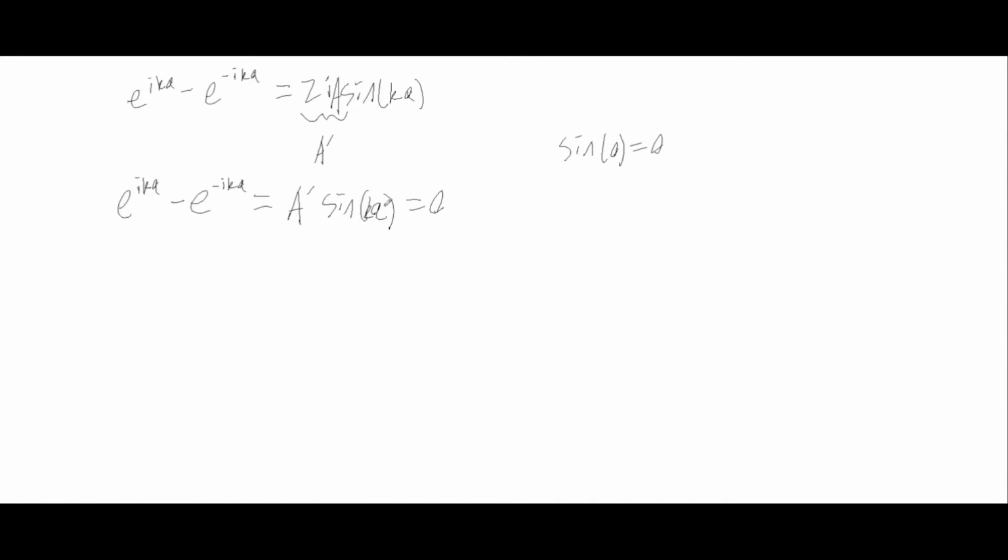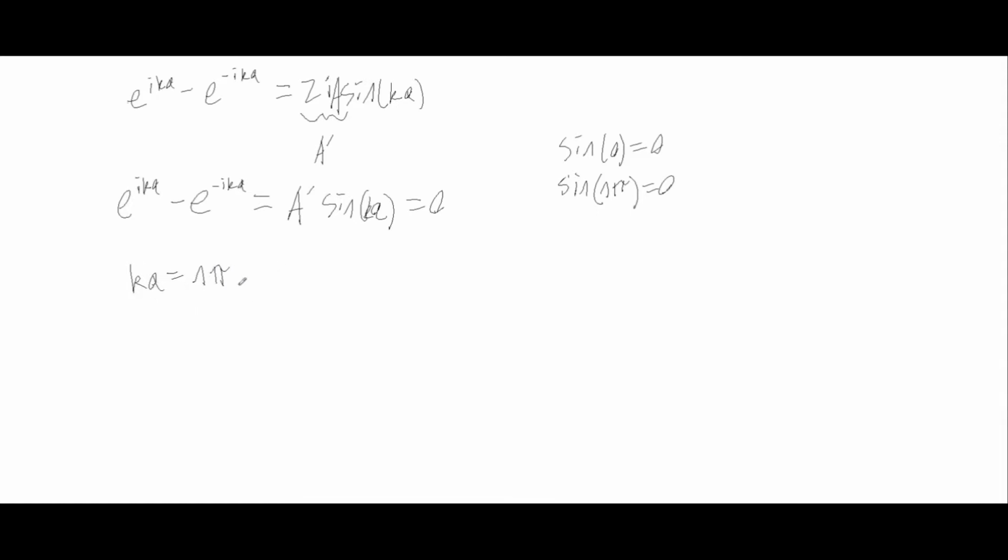So we need k a to equal something other than 0. Well, if you know your trig functions, then you know that sine of any integer multiple of pi is also equal to 0. And so we can say that k a has to be some integer multiple of pi.